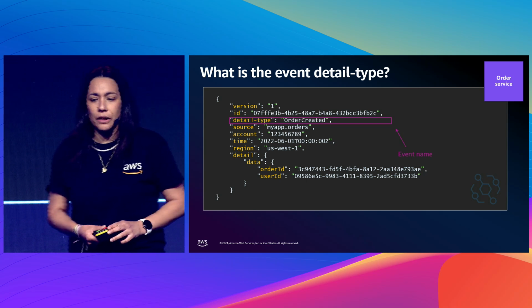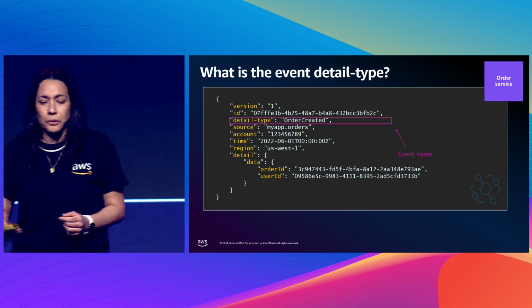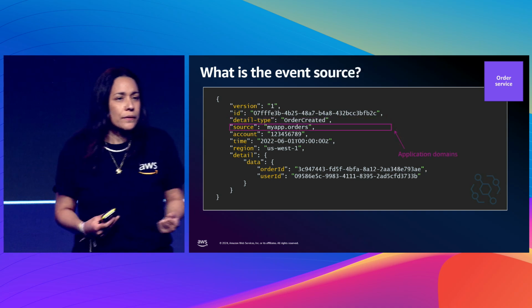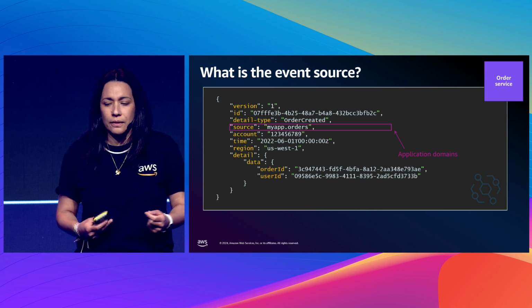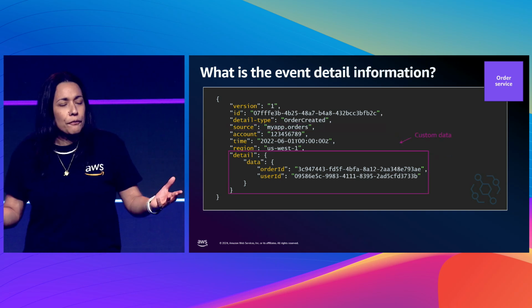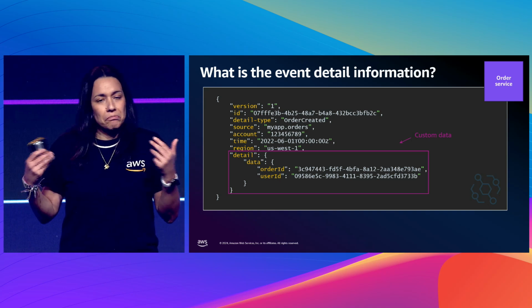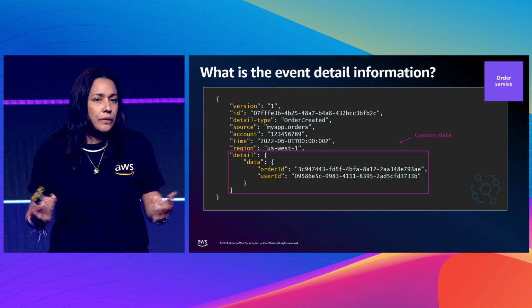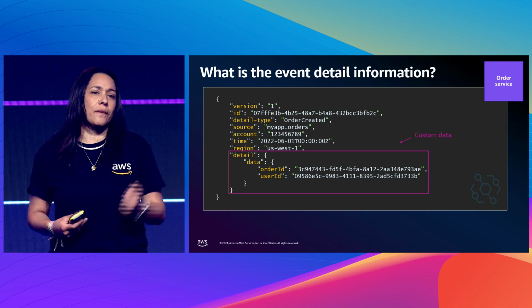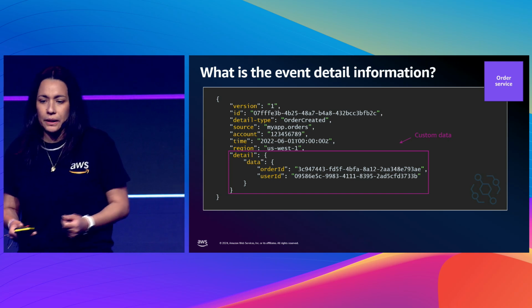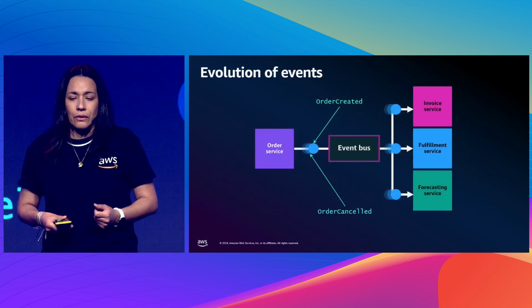Well, that an order has been created. That's pretty simple. We also have the source, which is basically which context or which domain has raised this event. And then we have our payload. So in the detail object, we have included the order ID and the user ID, and we think this is pretty representative of an order that has just been created. And it probably is.